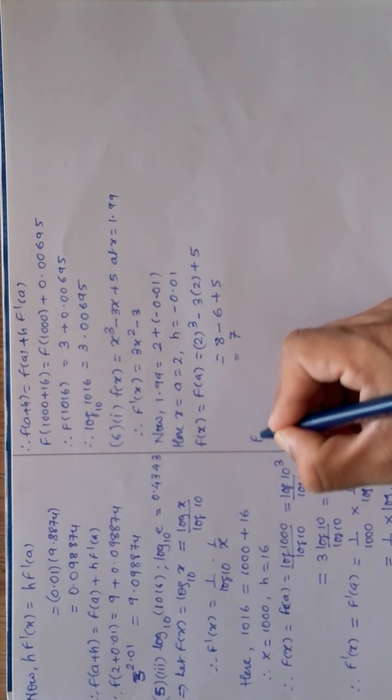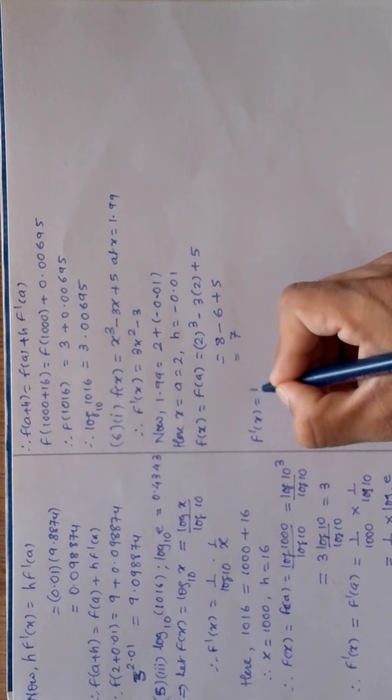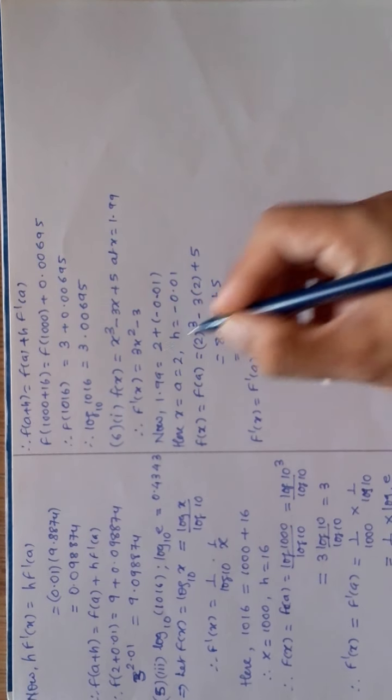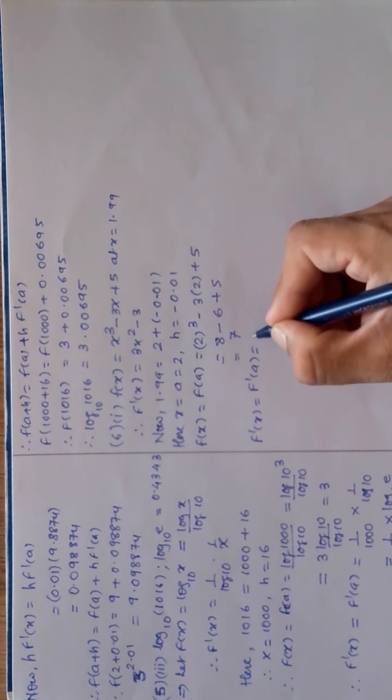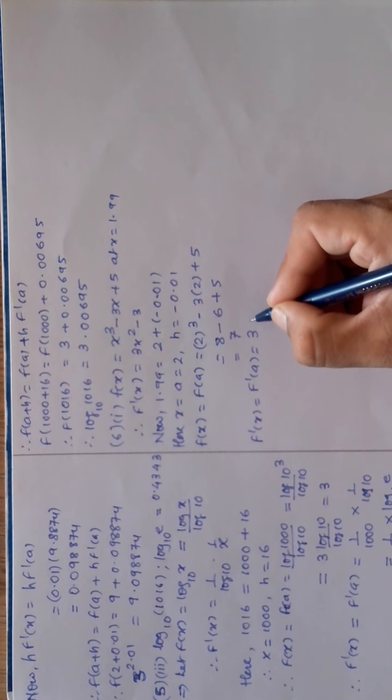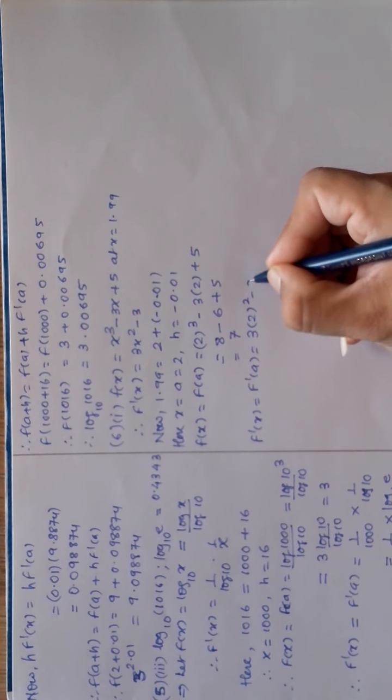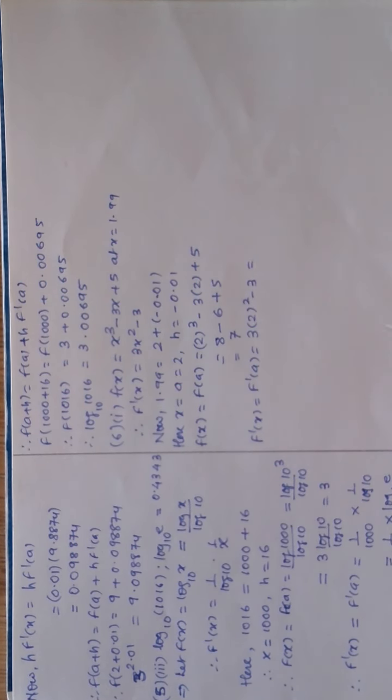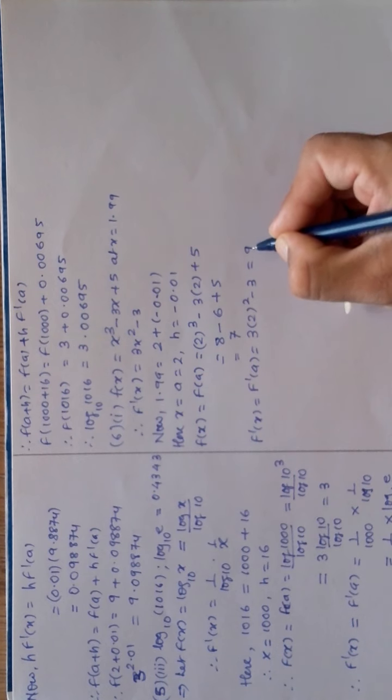Okay. Now f dash x is also got, that is f dash a. This is your f dash x, that is 3, and a ka value is 2. 2 square minus 3, that is 3 into 4 is 12. 12 minus 3, correct na? 4 3s are 12. 12 minus 3 is 9.